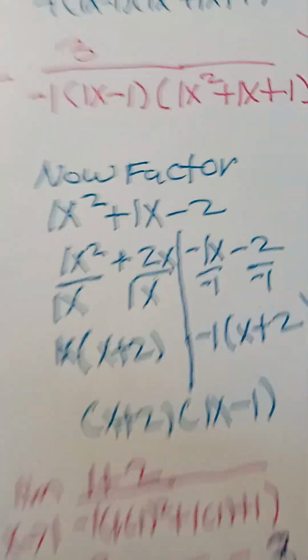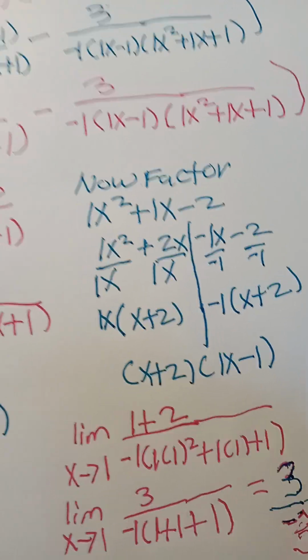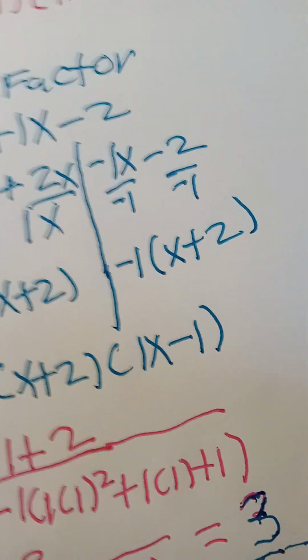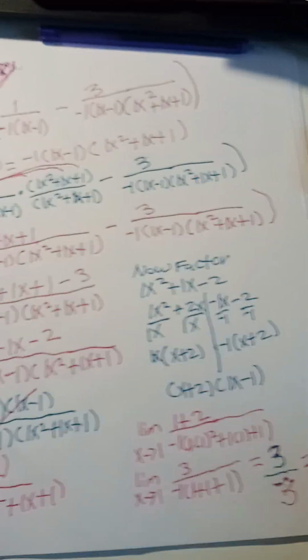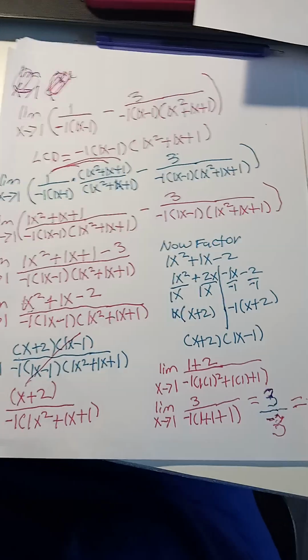Which breaks down to negative 1 when we reduce it. And we're going to write this again. So let's go to the next piece of paper here. But let's let this marinate for a second here.